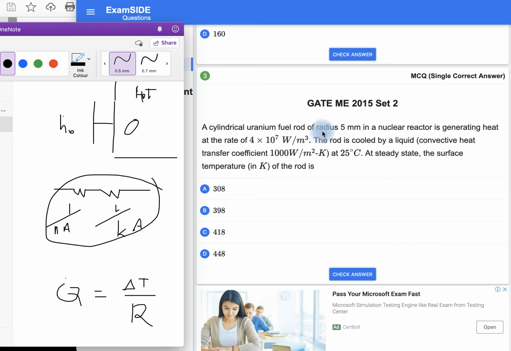A cylindrical uniform fuel rod of radius 5 mm in a nuclear reactor is generating heat at the rate of this one. The rod is cooled by liquid with a convective heat transfer coefficient at 25 degrees Celsius. At steady state, the surface temperature of the rod is.